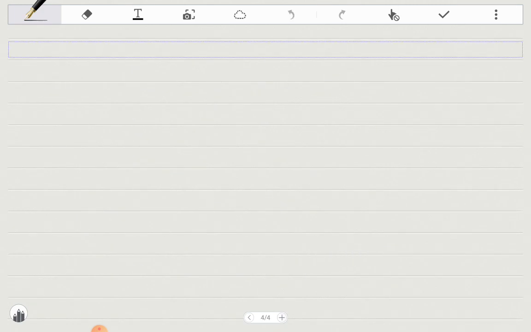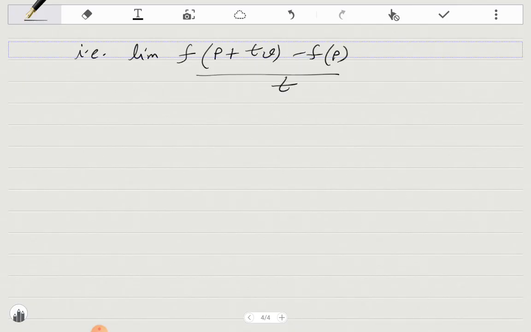If I were to write it more explicitly, what I would have is the limit of f of p plus tv minus f of p, divided by t, if this limit exists.